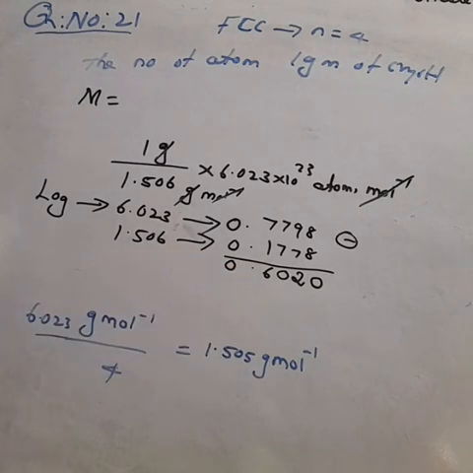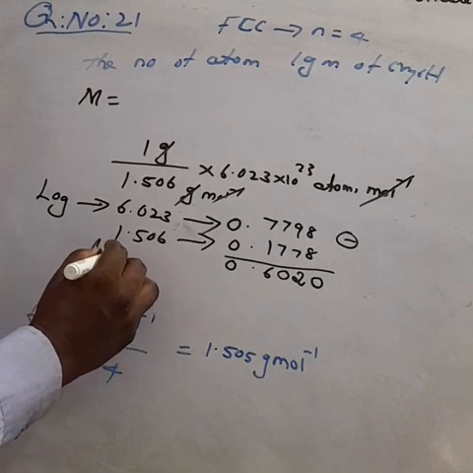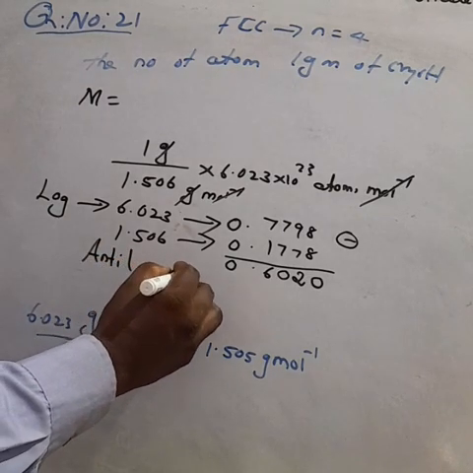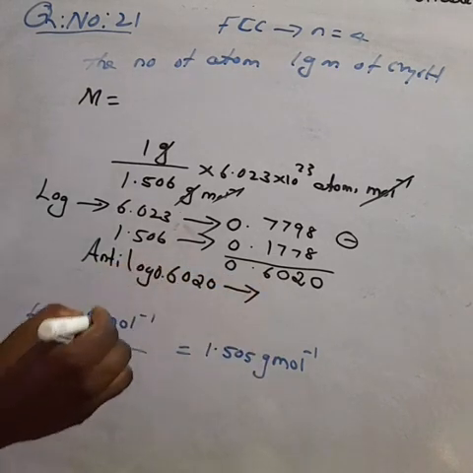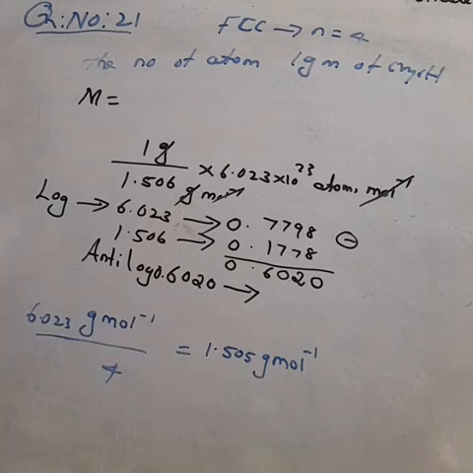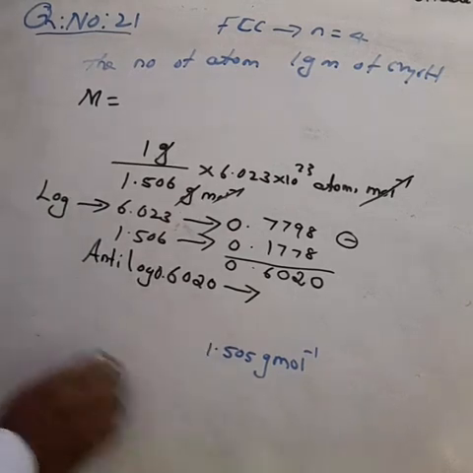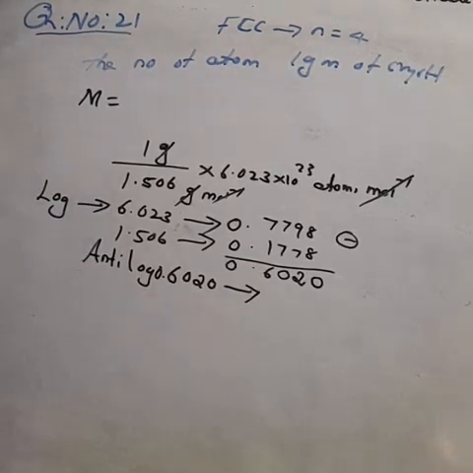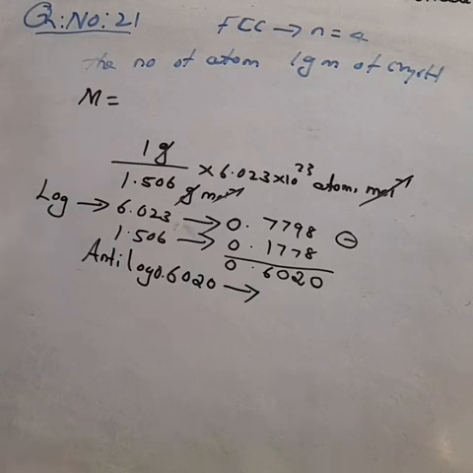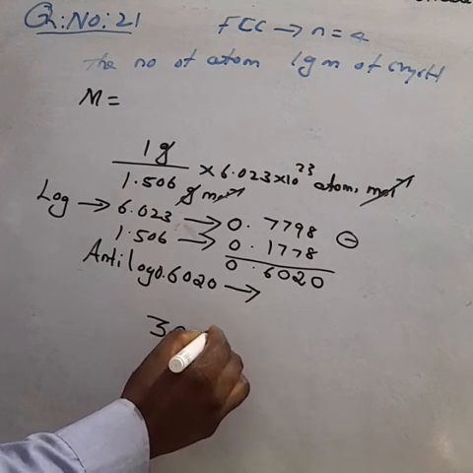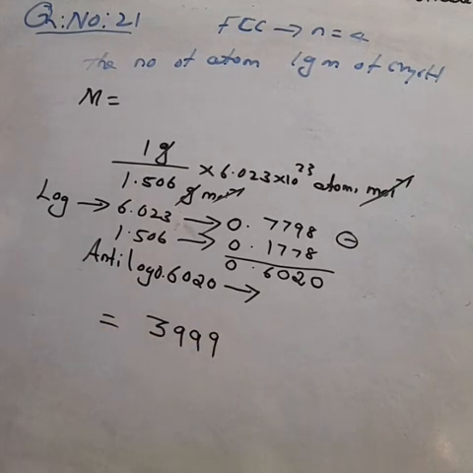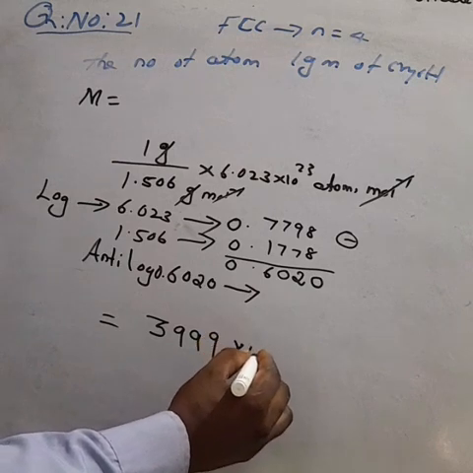Now I am taking the antilog of 0.6020. That is the antilog page, page number 5. Please take the antilog from the book, page number 5. Antilog 17 versus 7, not 70, 60 versus 2. The value becomes 3999, so 3999 into 10 raised to 23 atoms.